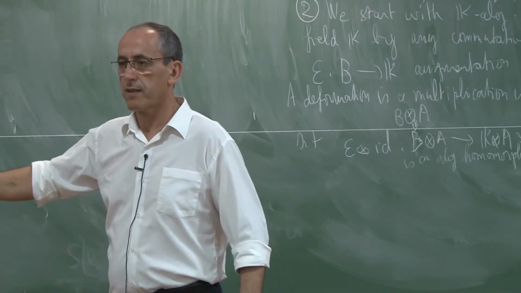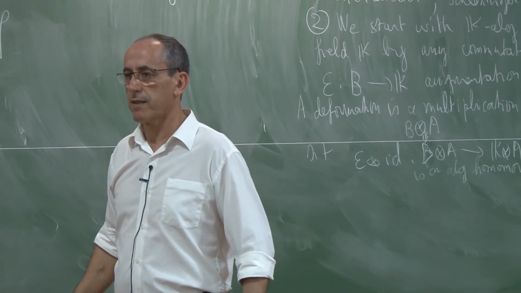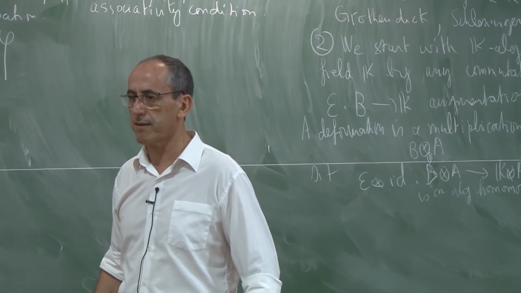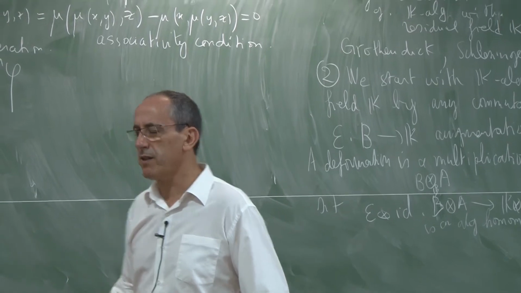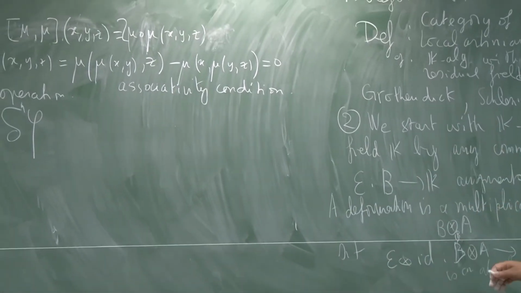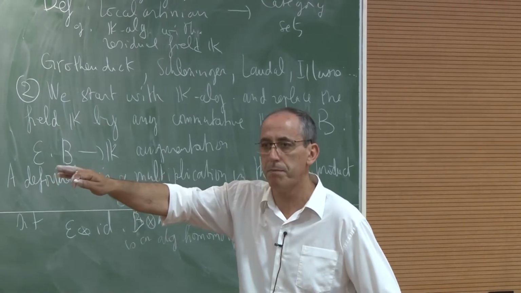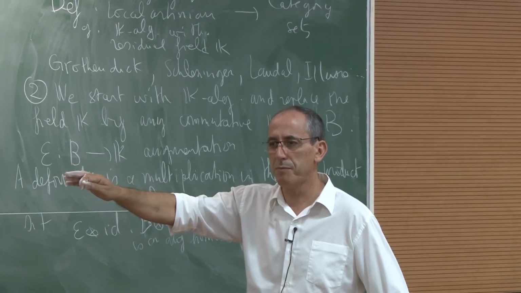So the tensor product is over K for B and A. The tensor product is over B. Yes, it's B linear. That's some commutative algebra. And this mu is B linear.